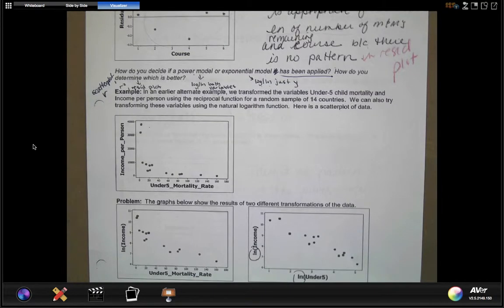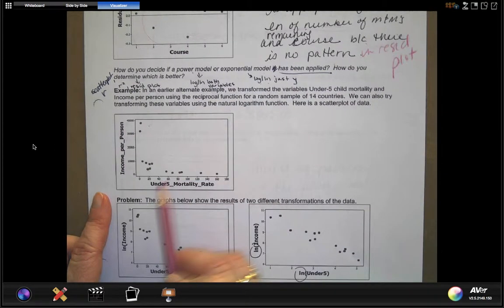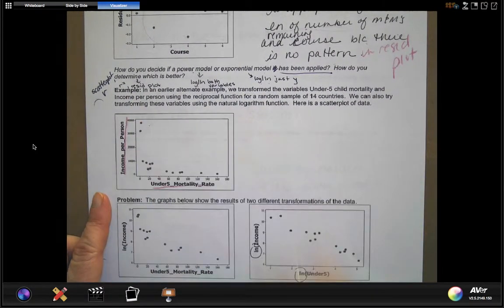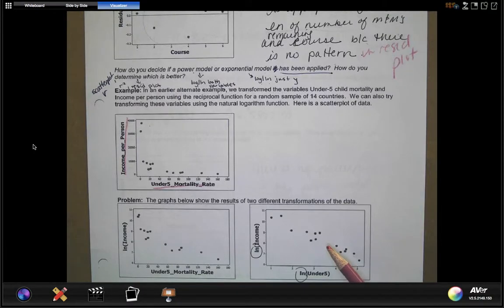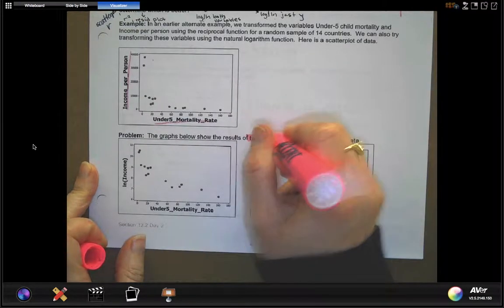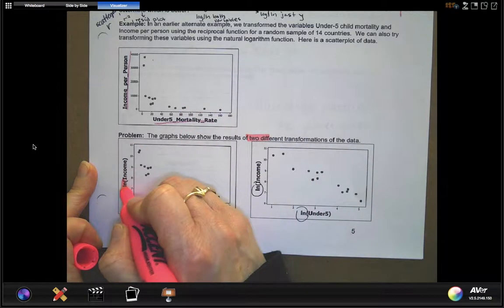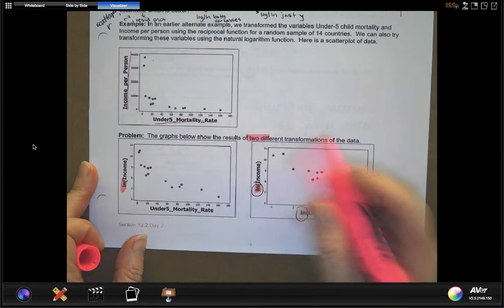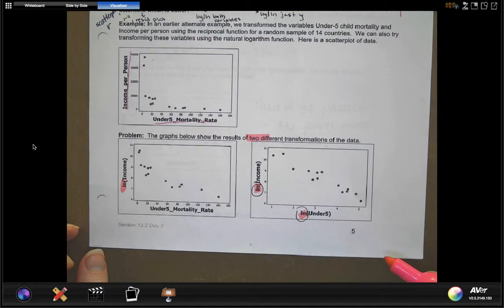All right, we're going back to that under 5 child mortality rate and income per person, okay? So this was the first problem. If you notice here, here's the original scatter plot. Nothing's been transformed. If you look in the first graph, there's 2 different transformations. So in this one, you can see here, the y has been transformed. In this one, you can see that both the x and y have been transformed.